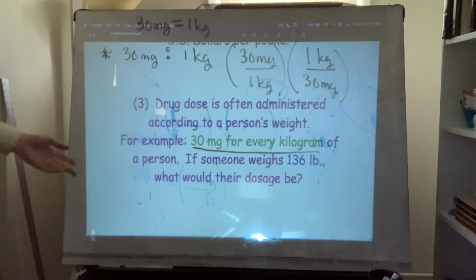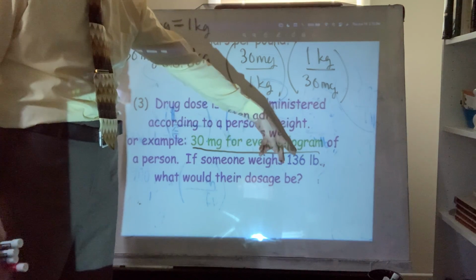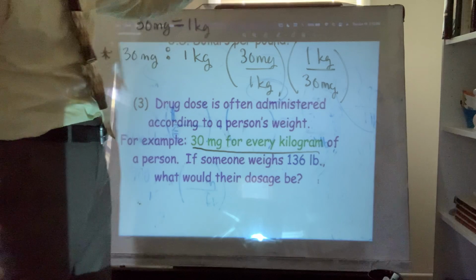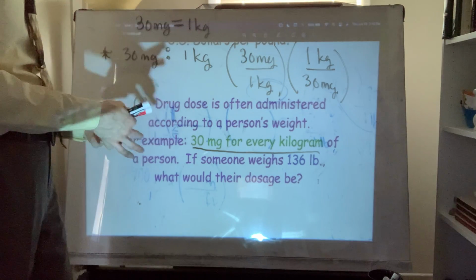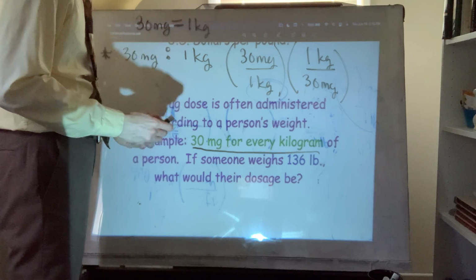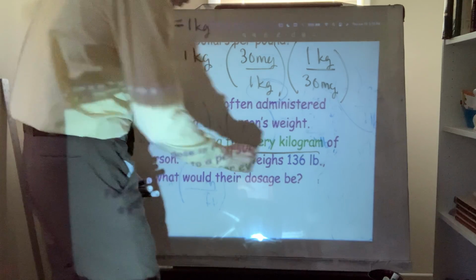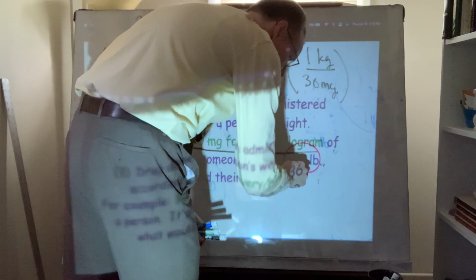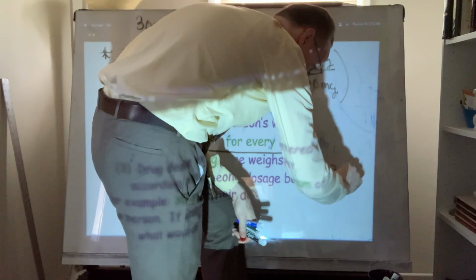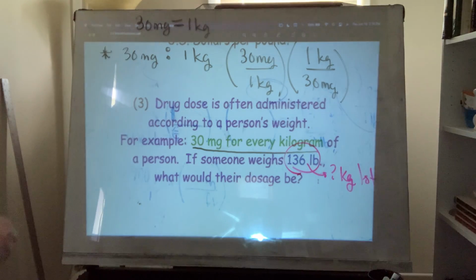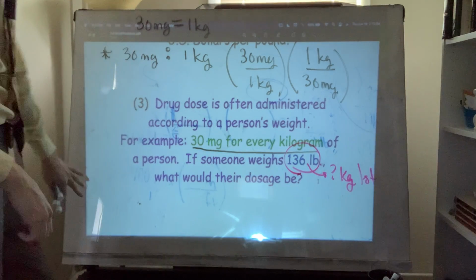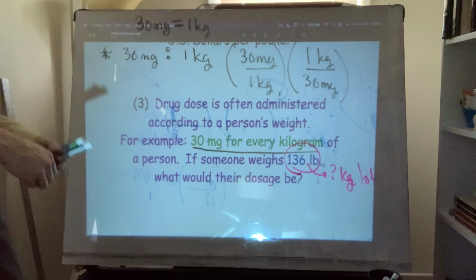Now, notice something. If someone weighs 136 pounds, we can't immediately use something that involves a kilogram. So we would have to reasonably, logically convert this to so many kilograms first. Let's rig a little machine down here.